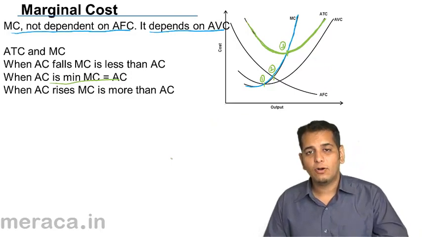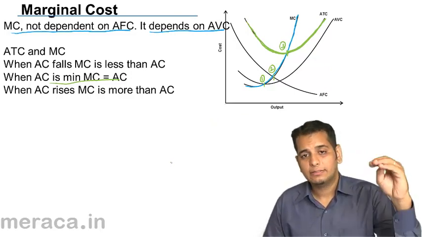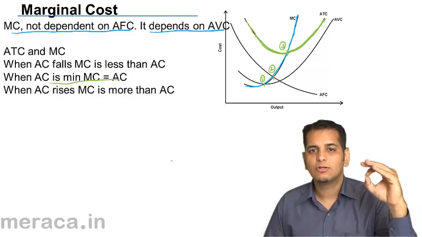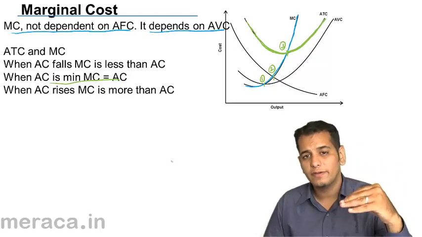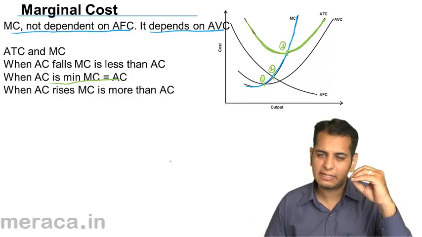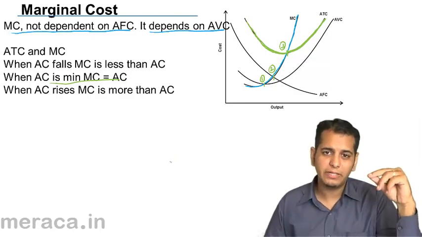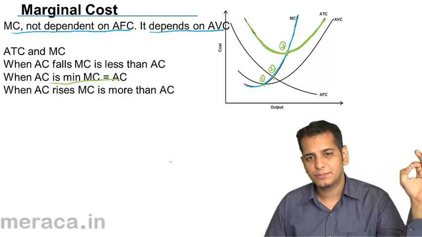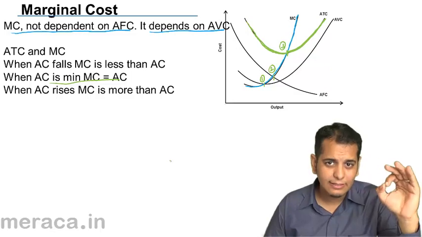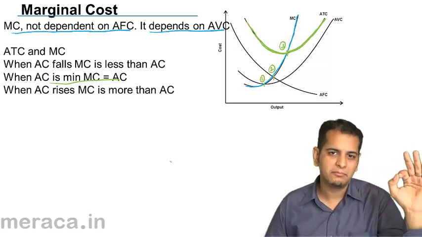So let me repeat all three properties again. When the average total cost curve is falling, the marginal cost curve is always below the average total cost curve. It is always less than the average total cost curve. And when both the curves meet, that is when the average total cost and the marginal cost are equal, you will see that the average total cost is minimum at that point.